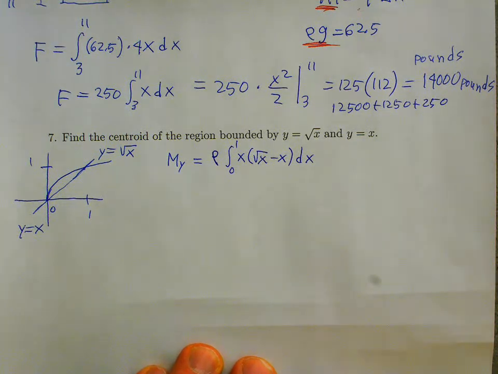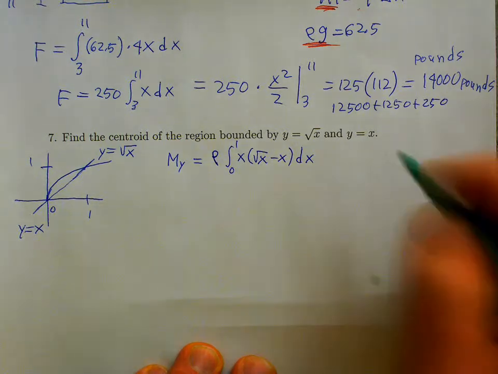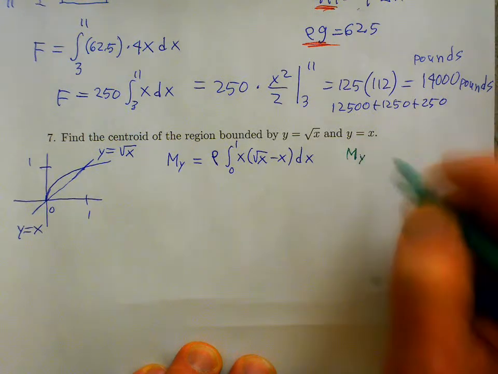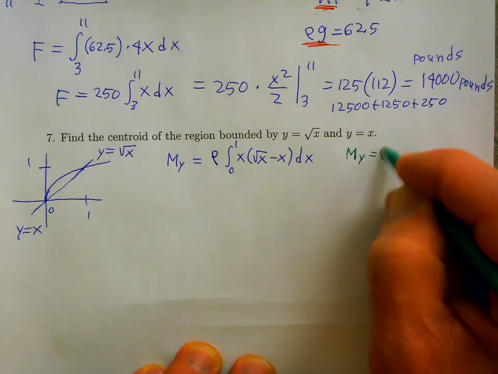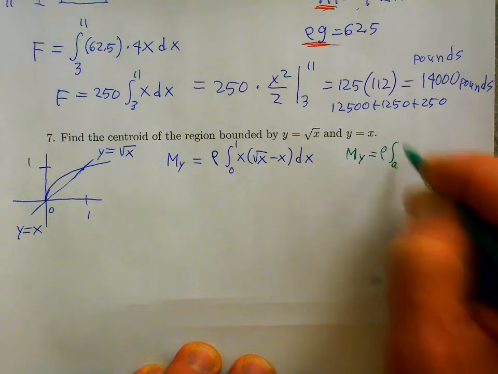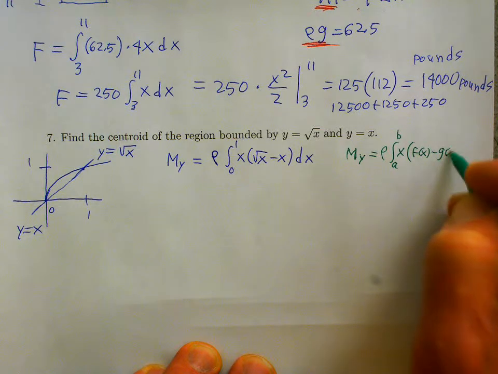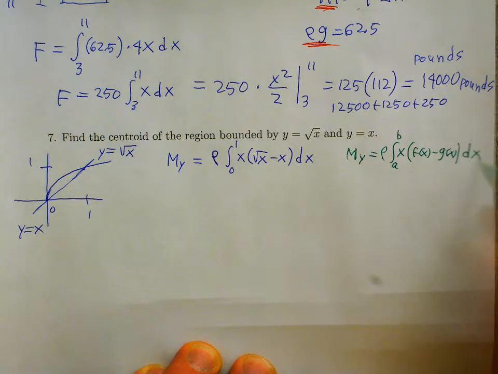This formula you should know in general. It's rho times the definite integral from a to b of x times f of x minus g of x dx.